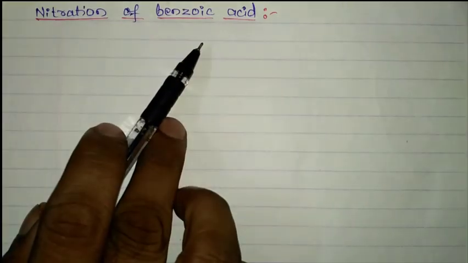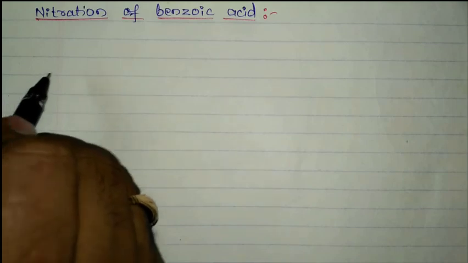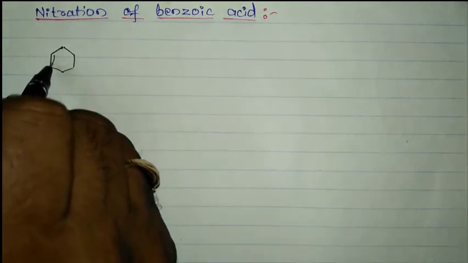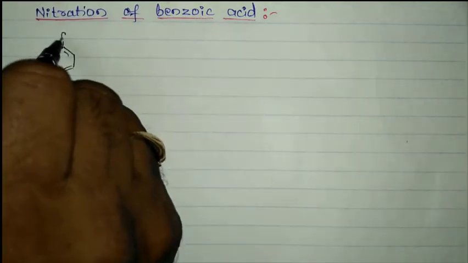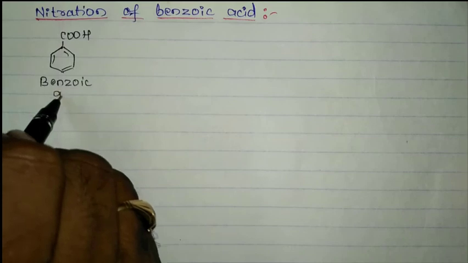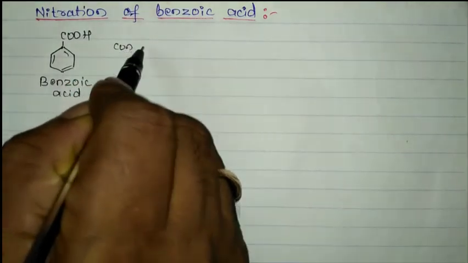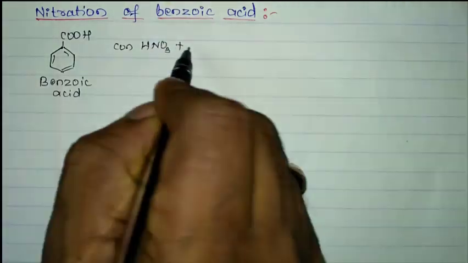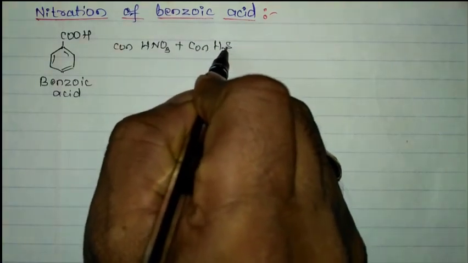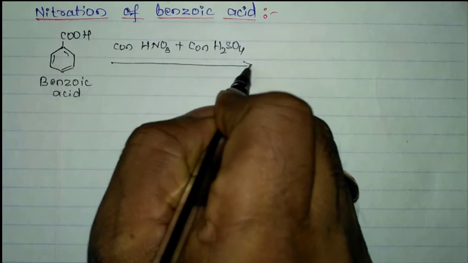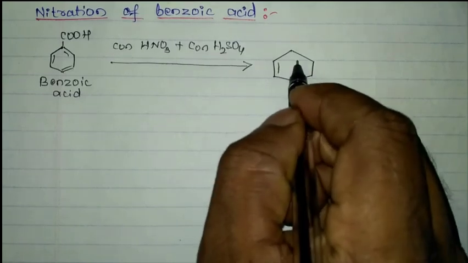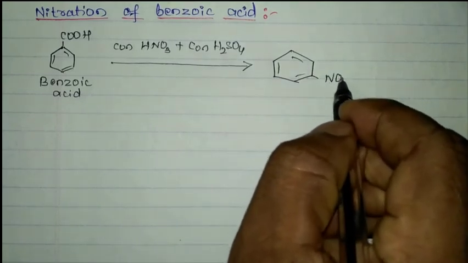Now we'll discuss nitration of benzoic acid. Benzoic acid, C6H5COOH, reacts with the nitrating mixture, that is a mixture of concentrated HNO3 and concentrated H2SO4, and gives meta-nitrobenzoic acid.